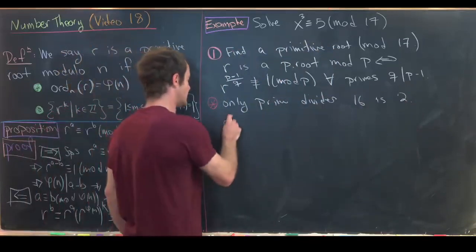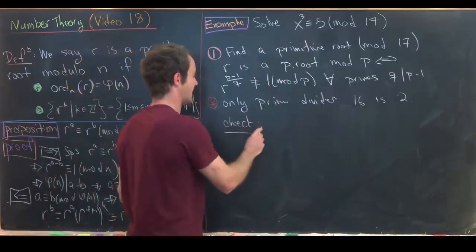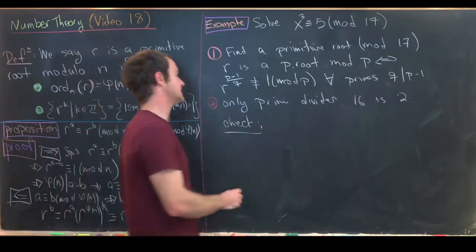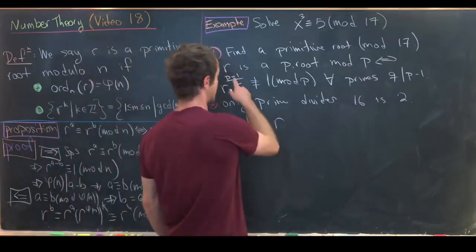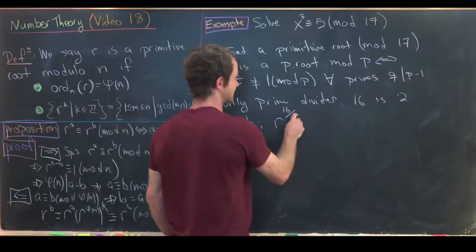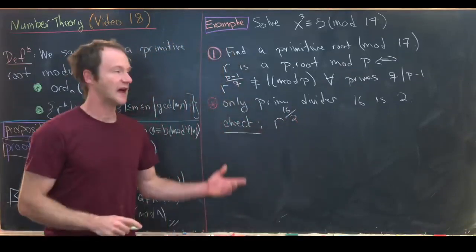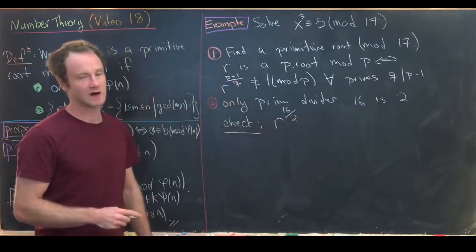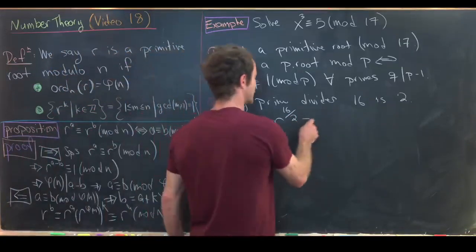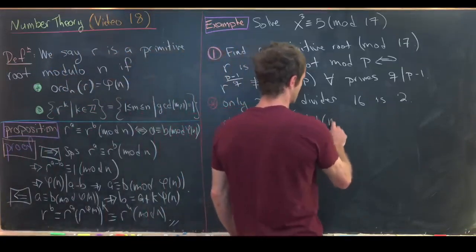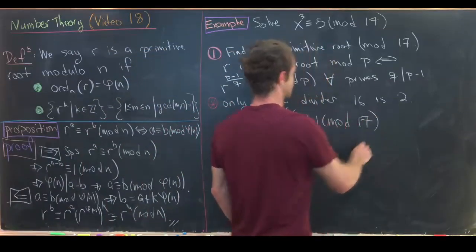So the only thing that we need to check in order to have a primitive root mod 17 is r to the 16 over 2, and see if that's congruent to 1 mod 17 or not. So we want this to be not congruent to 1 mod 17.